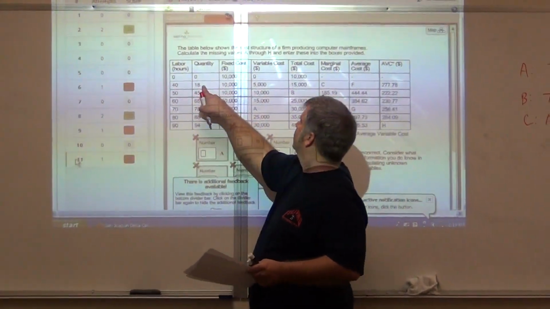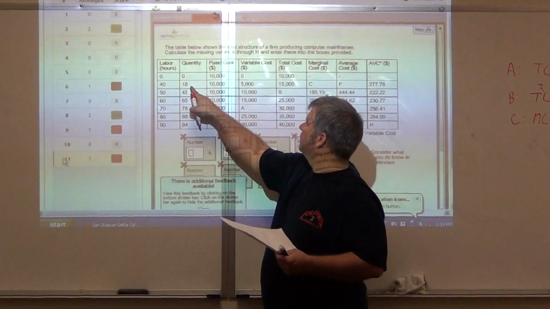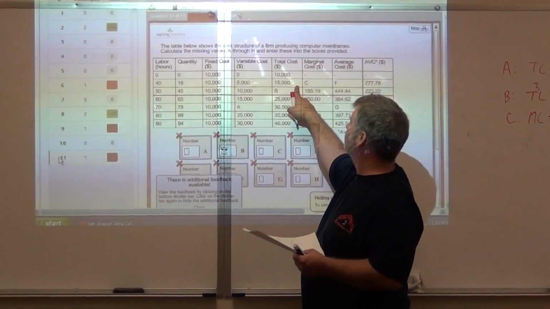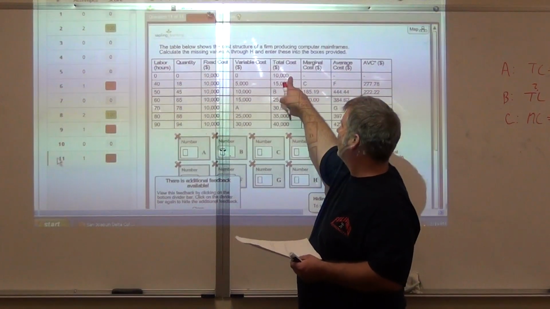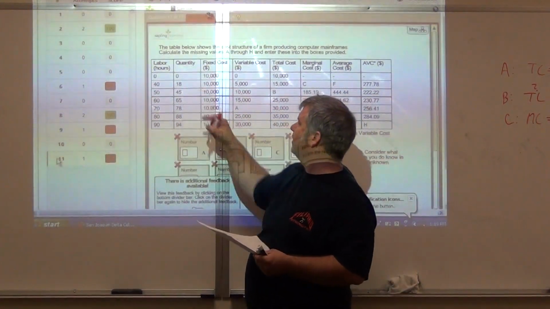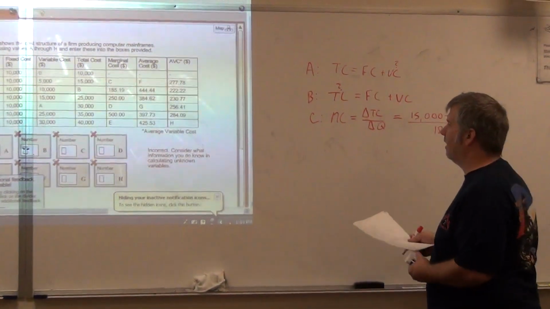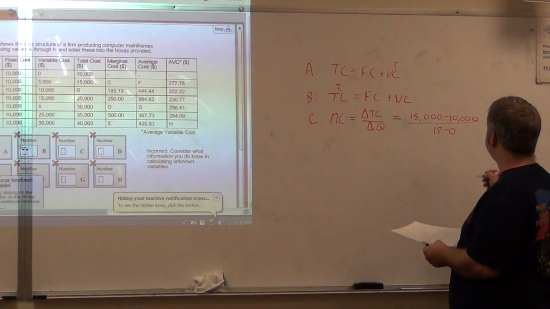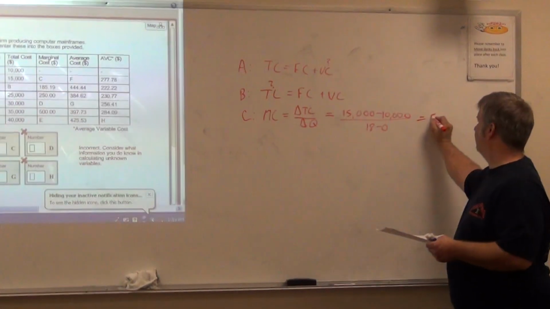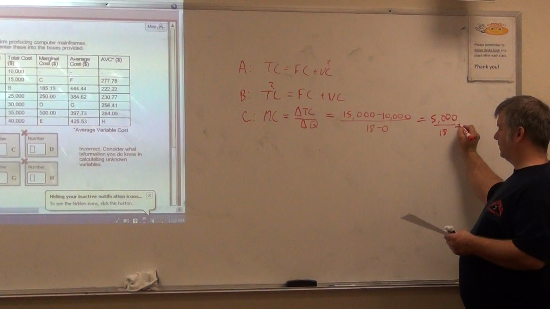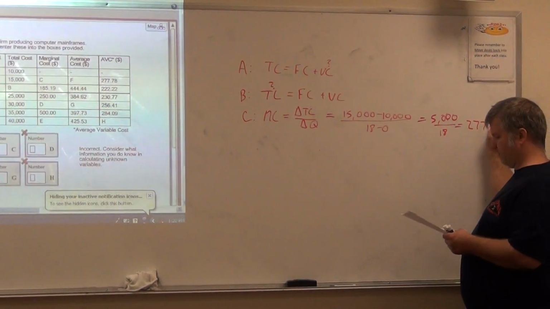We're going from 0 to 18 units, and over this point we're going from 10,000 to 15,000 in costs. So we subtract the 10,000 from 15,000 and divide by the change in quantity. What we're really calculating is the midpoint of the change between those 2 points on the marginal cost curve. We calculate this out, we get 5,000 over 18, which in this particular problem is equal to 277.7.